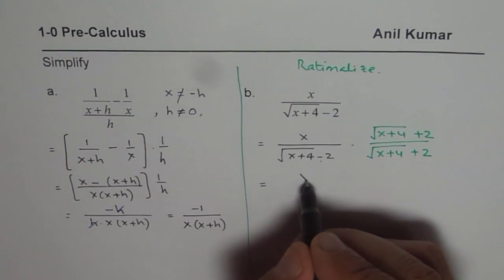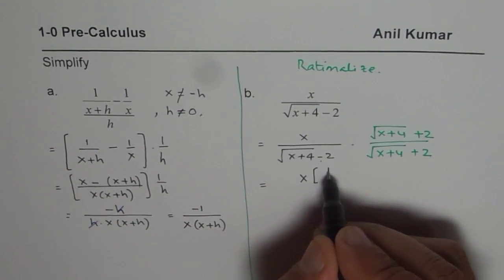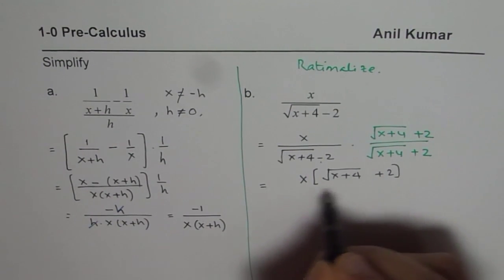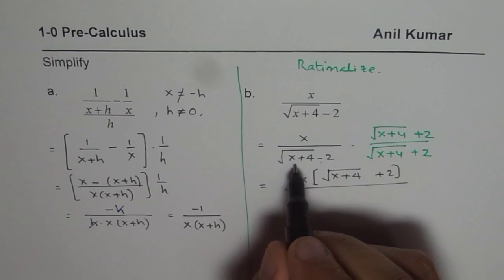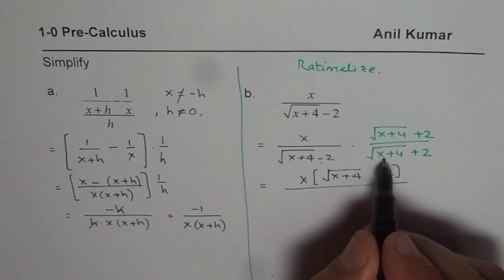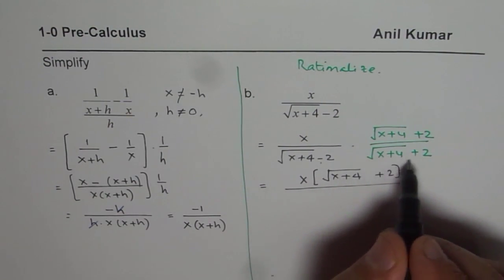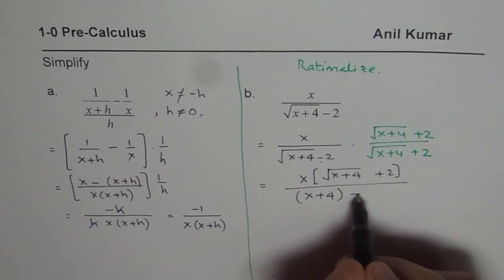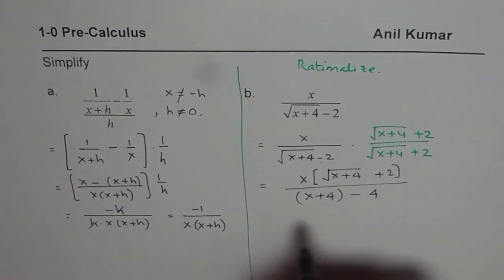In the numerator, don't expand. Just write x times square root of x plus 4 plus 2 as such. In the denominator, a minus b times a plus b is a square minus b square. Square of this number is x plus 4, right? Minus square of 2, which is 4.